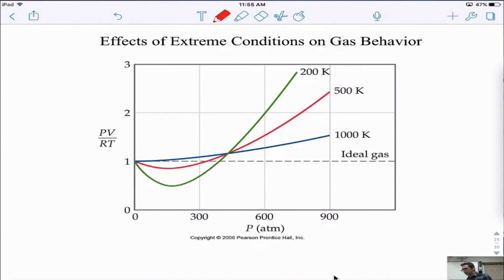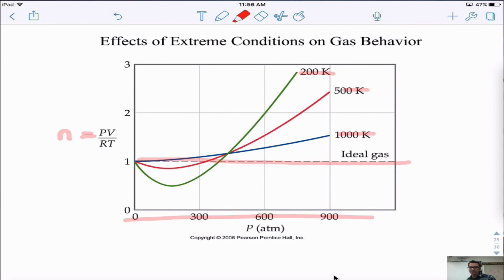Here's just a graph showing you the effects of temperature and pressure. What they do is increase pressure down here on the x-axis, and then they graph this at different temperatures: 1,000, 500, 200. So an ideal gas, its number of moles would always equal 1, because PV over RT would follow the ideal gas law exactly.